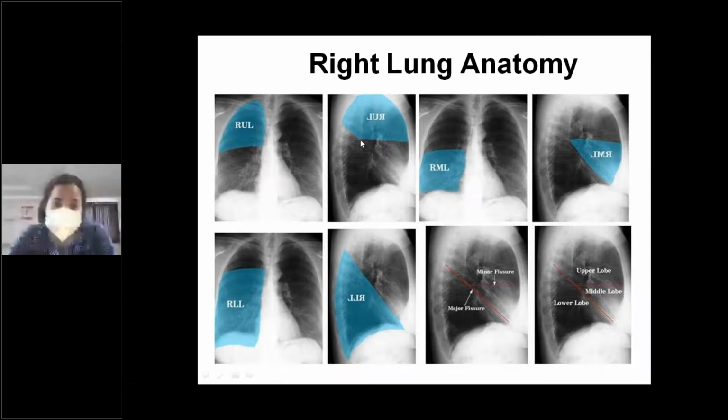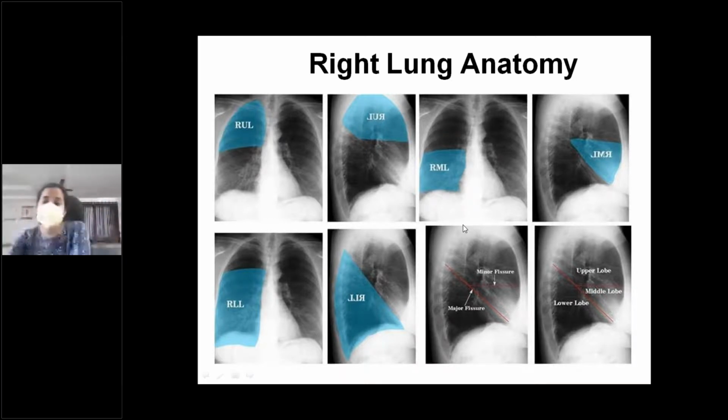And what did I say? From here, approximately T4, T5, from that vertebra till the costophrenic angle, if you draw a line like this, this will be the right middle lobe. Here you can see this is the right middle lobe, and just posterior to it will be the right lower lobe. Superior to it will be the right upper lobe.